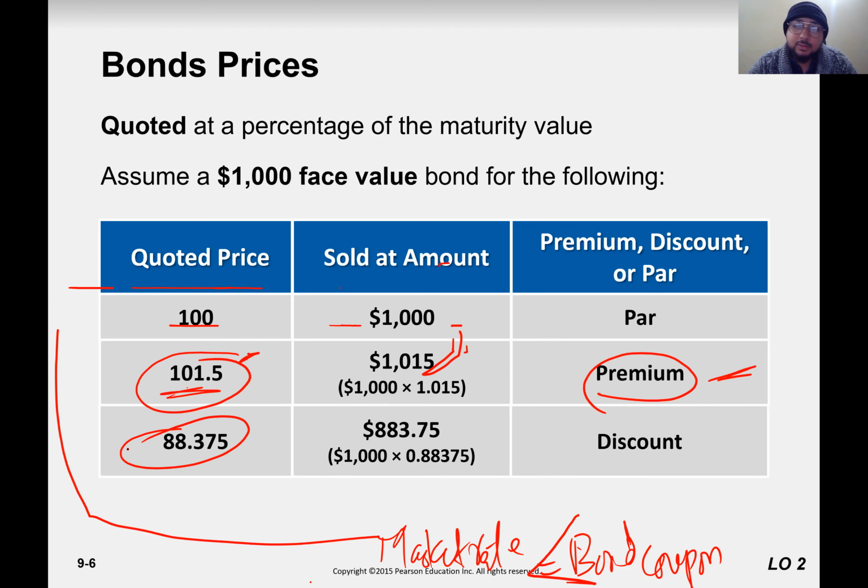So we call this the value, or some books say that below par means discount, or some books say if the market rate is greater than the bond coupon, meaning the market is giving you a higher interest rate, then the bond price goes down. Bonds are going to be traded or issued at a discount.